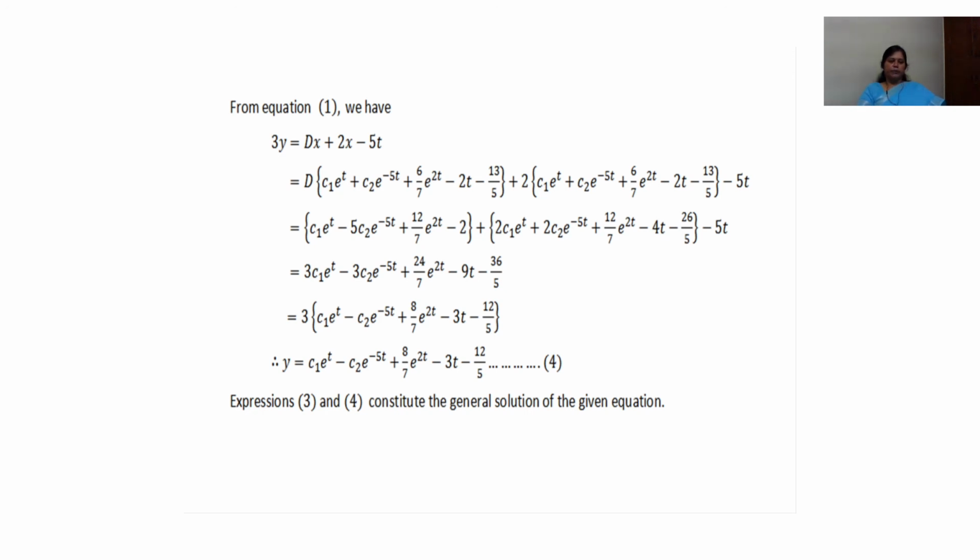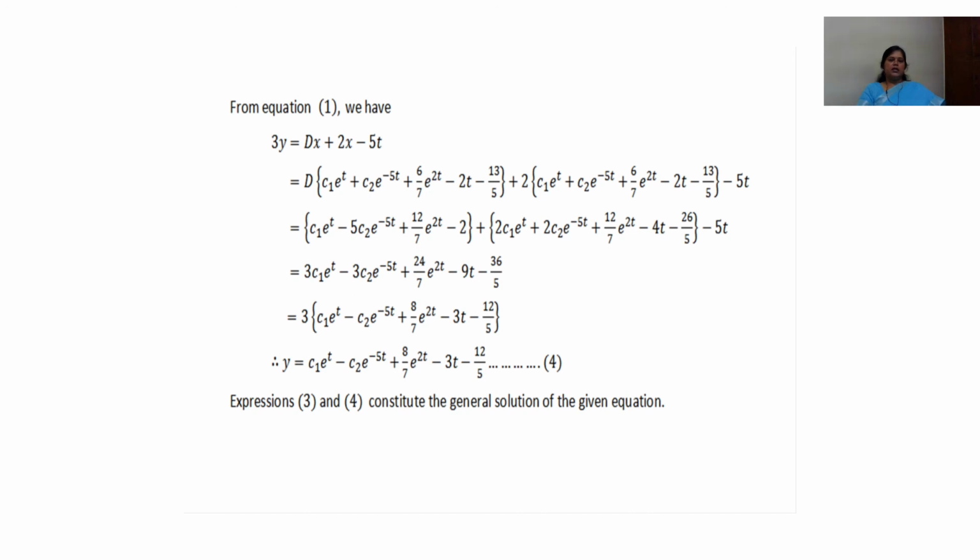So the second term becomes minus 5 into c2 into e to the power minus 5t. Plus the third term, 6 by 7 into e to the power 2t. 6 by 7 is a constant, we keep it as it is. Differentiating e to the power 2t we get 2 into e to the power 2t. That's why we got 12 by 7 into e to the power 2t.